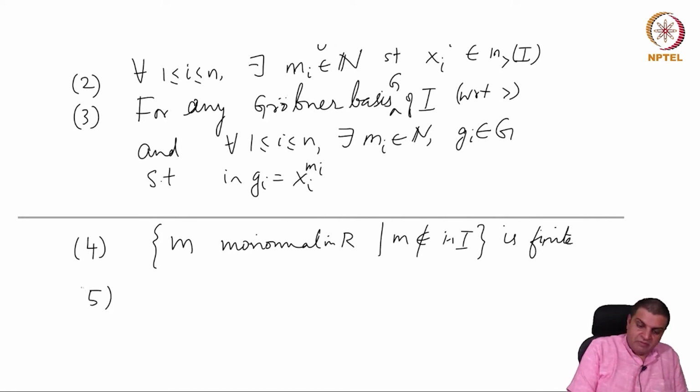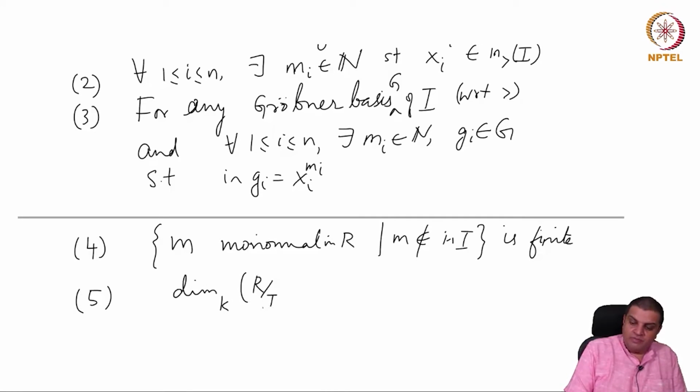And 5, the dimension as a K vector space of R mod I is finite.